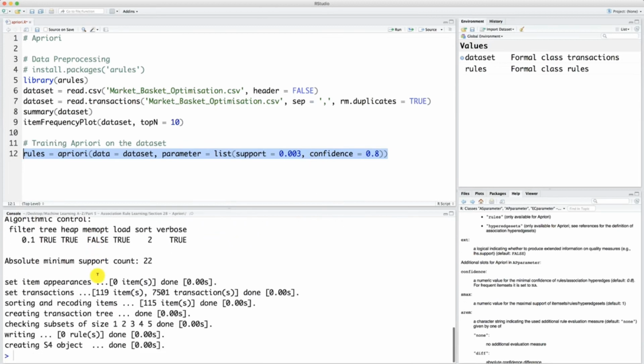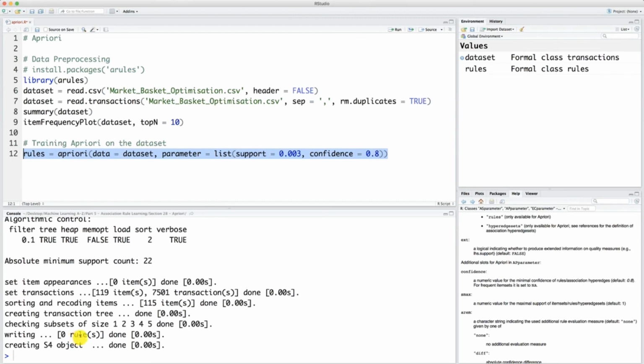So the algorithmic control, that's not very important for us now. That's kind of a little more advanced. And here we get some other interesting information. The most important information we need to look at here is the number of rules. We can actually see 0 rules here. That means that when we trained our apriori model here, this model actually found 0 rules.